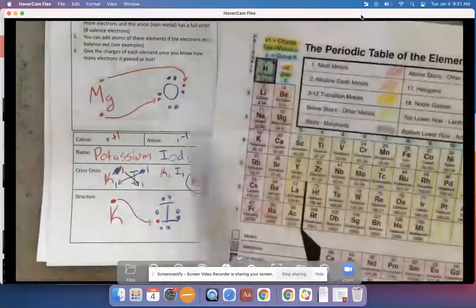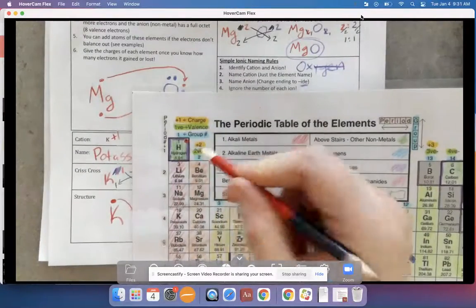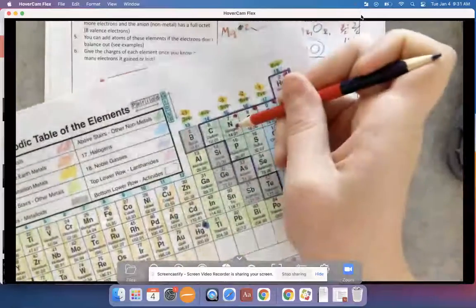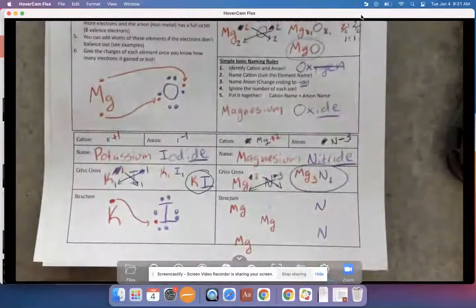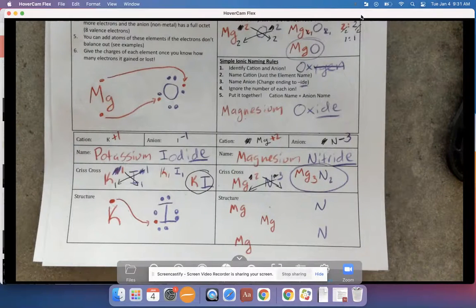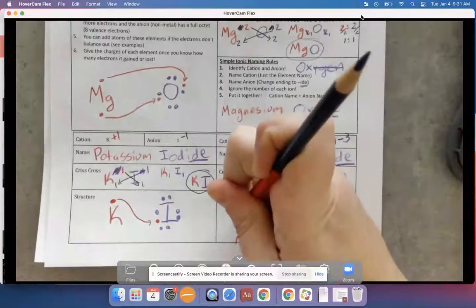If I look at my valence electrons, I know that magnesium has 2 valence electrons. And I know nitrogen has 5. So I'm going to draw those in on both of them. Each magnesium has 2.